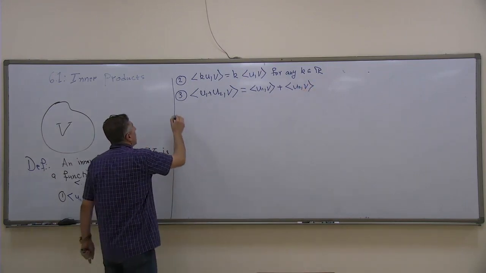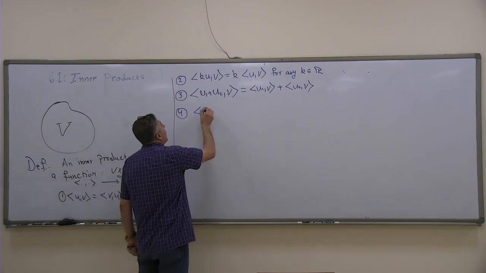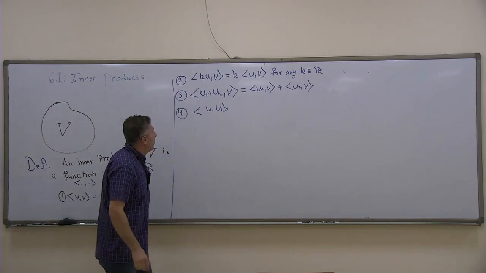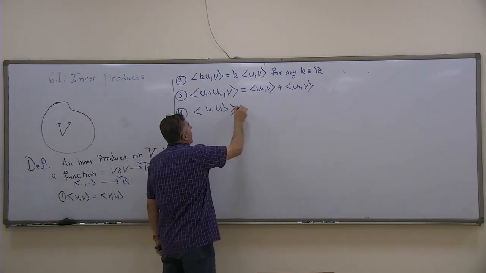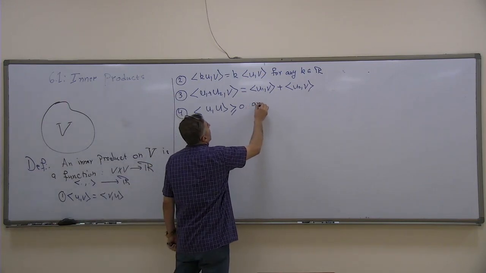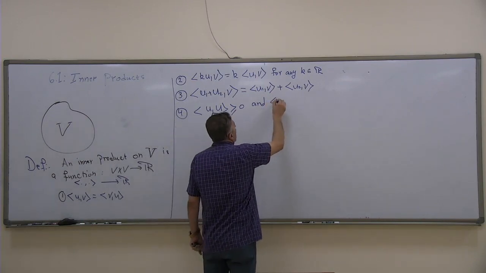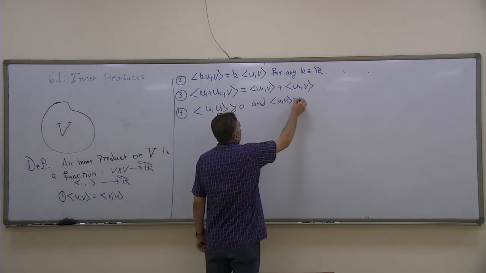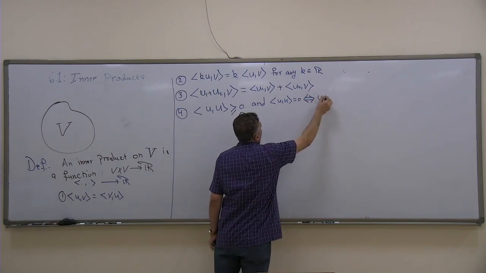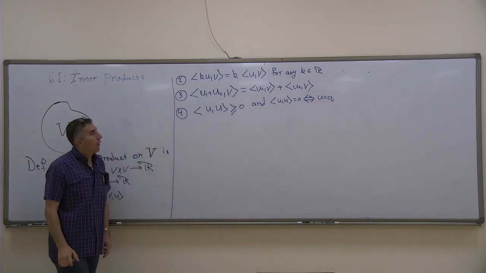Number 4, we need the inner product between u and u to be larger than or equal to 0, and the inner product of u with u is 0 if and only if u is the 0 vector of V. Okay?